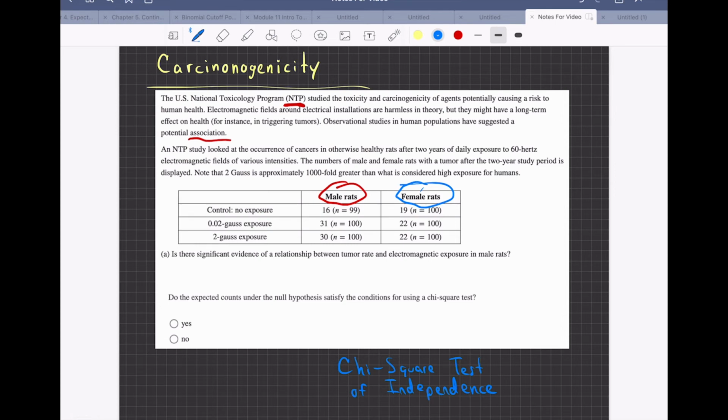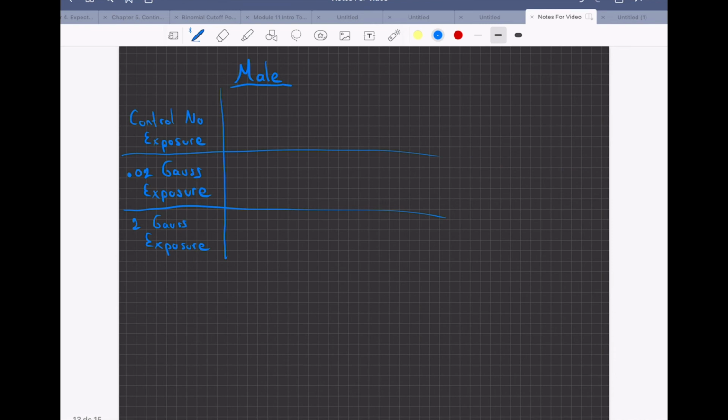And notice the ones that have a tumor, for example, for the control, no exposure was 16. So here I'm going to add the options, tumor, no tumor.